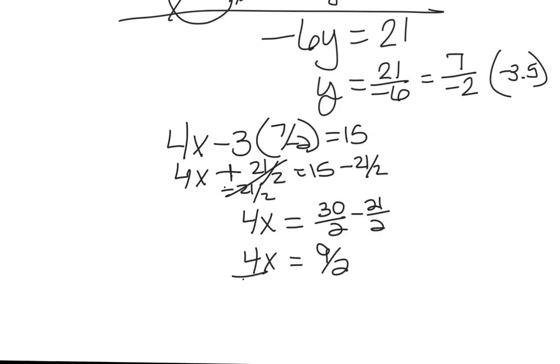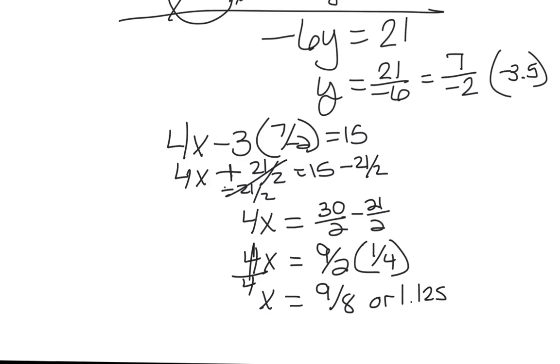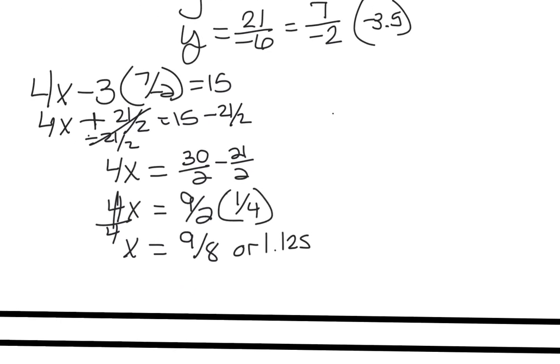So then we're going to divide by 4, which is the same thing as multiplying by 1/4. So x equals 9 over 8, or 1.125. So my ordered pair would be 9 over 8 and negative 7 over 2.